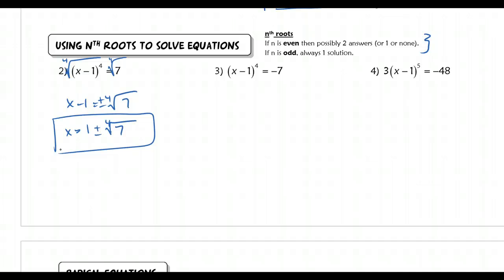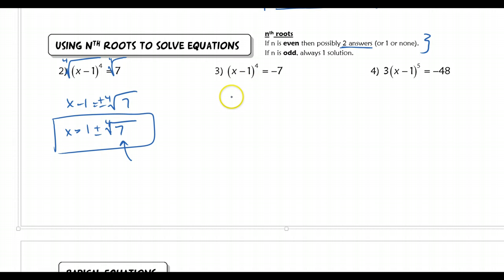So we're noticing that when we have an even power, then we get 2 answers that are possible, right? Positive or negative. Now, we could also get no solution, of course, or just 1 if it was 0 on the inside of this. If that was equal to 0, then we would just have 1 plus or minus the square root of whatever, if n is even. This is just going to be 0, so it's only one number. But if it is negative on the inside, then, like this problem here, we get no solution.